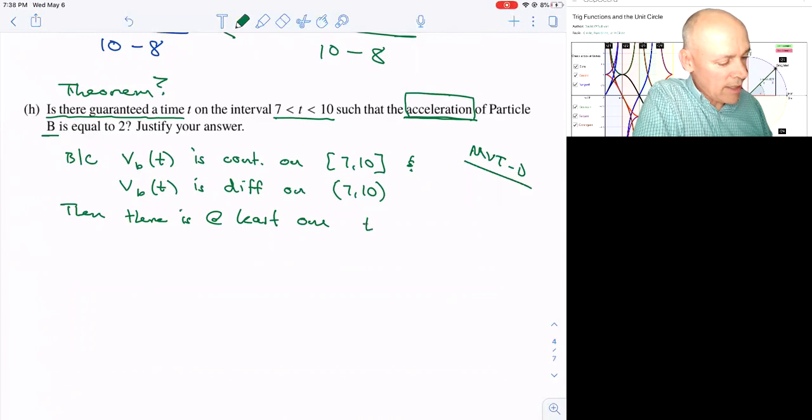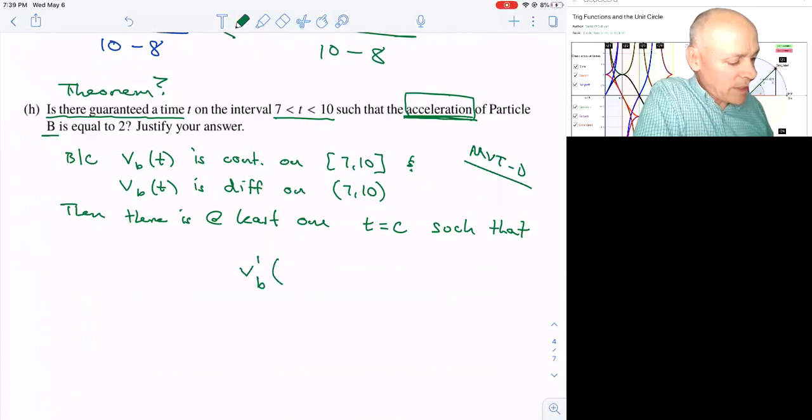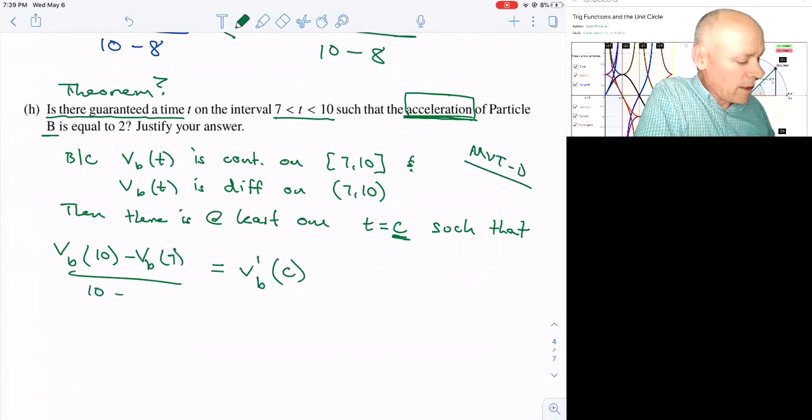There is one t that's going to be equal to some c value such that, big finish now, the acceleration, which is going to be v prime of particle B at that particular time value that we're calling c, is equal to v_B(10) minus v_B(7) over 10 minus 7. Now that's got to be equal to 2. This whole hot mess, they're saying, is equal to 2.